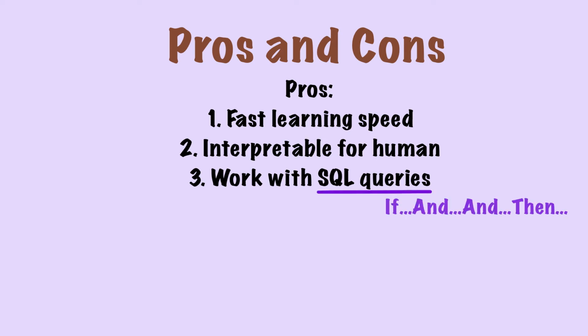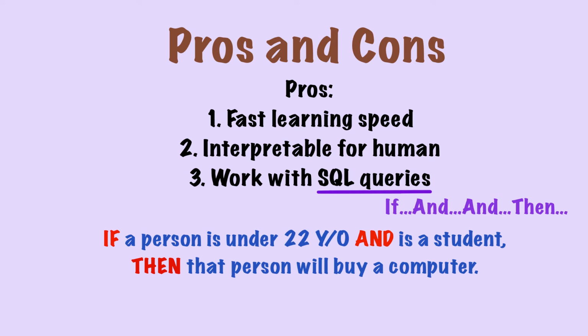It's fine if you don't understand SQL queries, but basically, the query is like, if a condition is true and another condition is also true, then the target belongs to a certain group. A concrete example would be, if a person is under 22 years old and is a student, then that person will buy a computer, which is the outcome of the prediction.